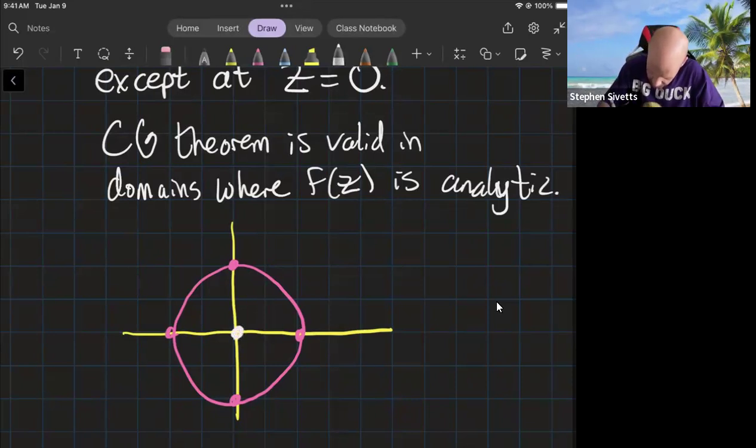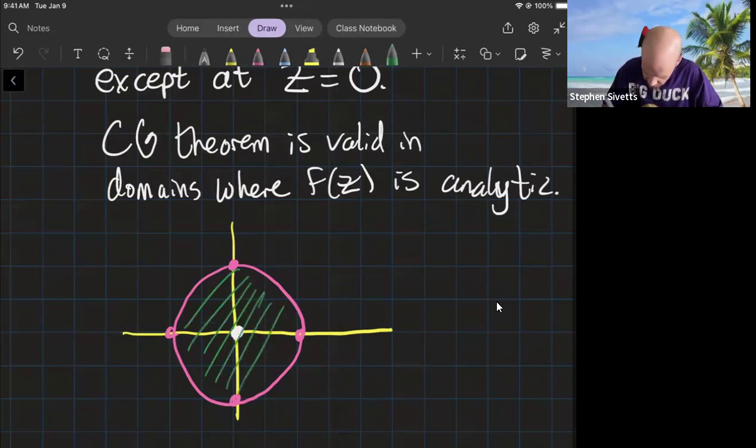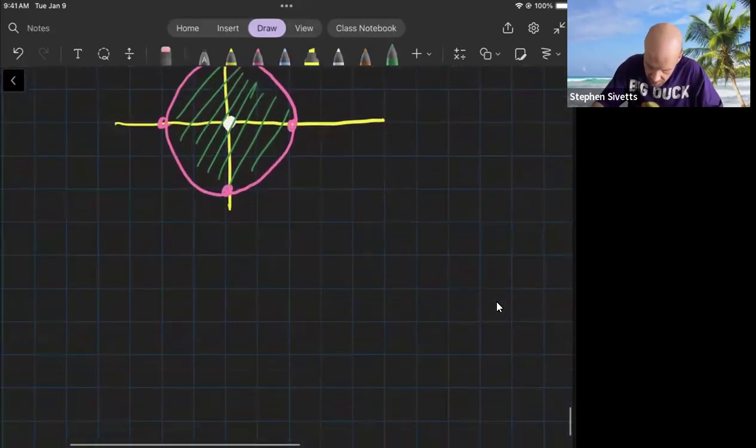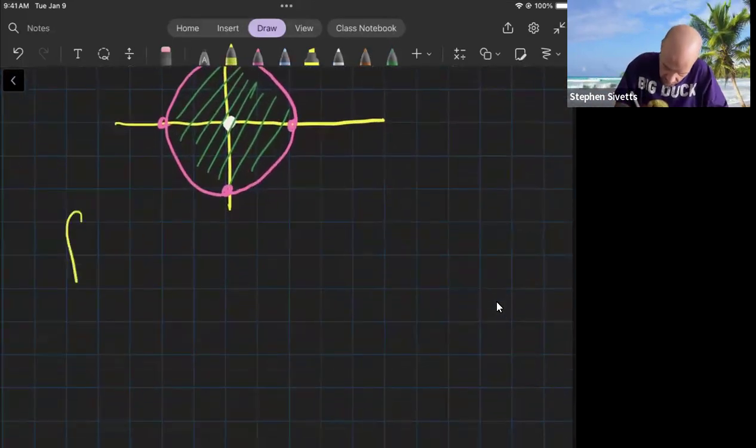This point right here. So unfortunately, the Cauchy-Goursat theorem would not work. So what we need to do is the brute force work.